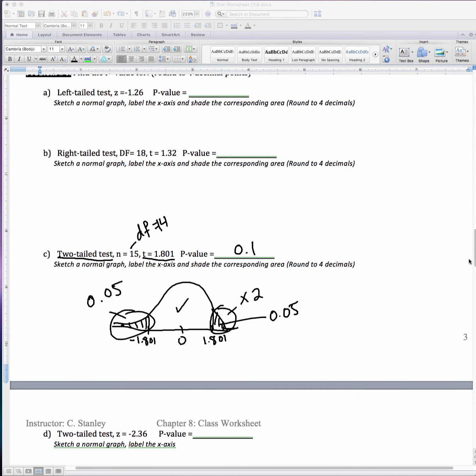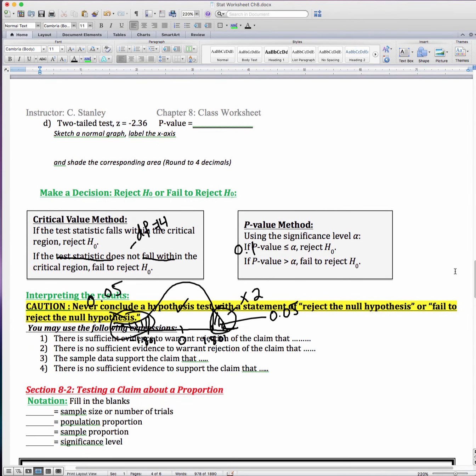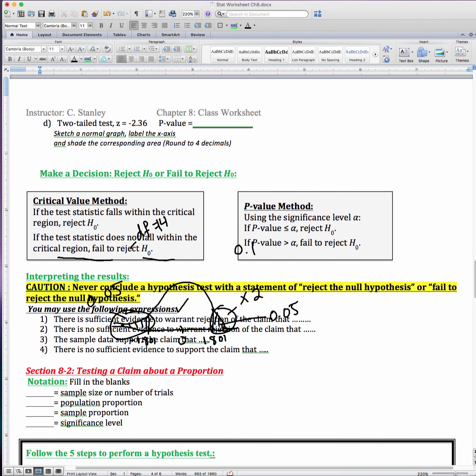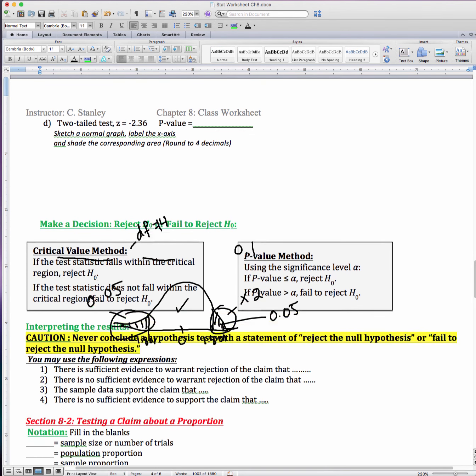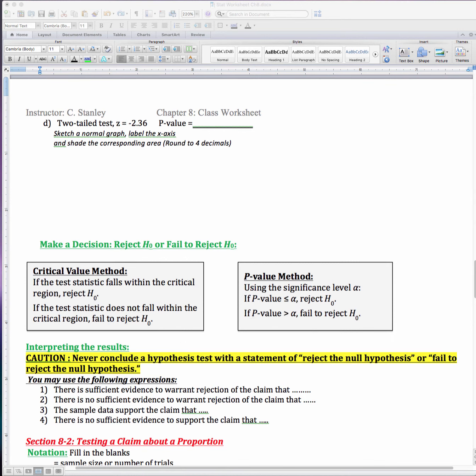Let's try another two-tailed. So these are z's.